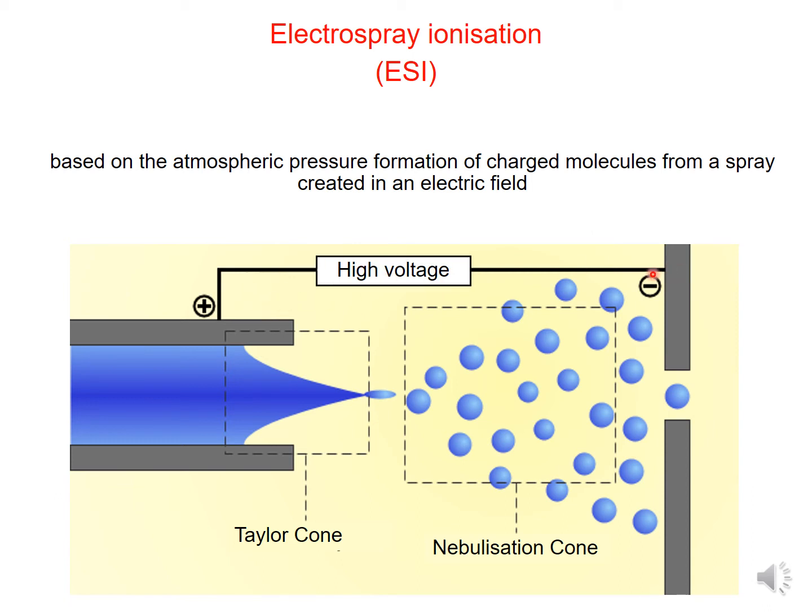If you have a difference of potential, you have the deformation of the liquid to the appearance of a Taylor cone. This Taylor cone, represented here, allows at the end of the cone the nebulization of the compound by a spray formation. Then you have a nebulization cone here. And you can see your compounds are here, and you obtain at the end the ionization of your compound.